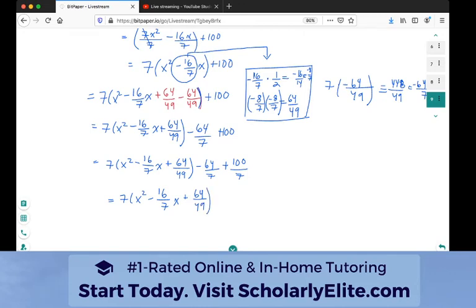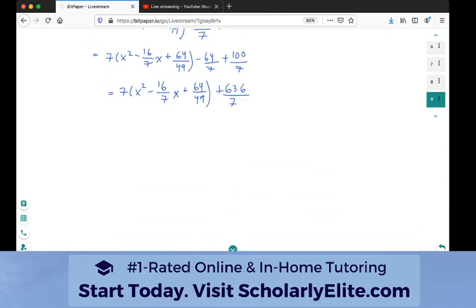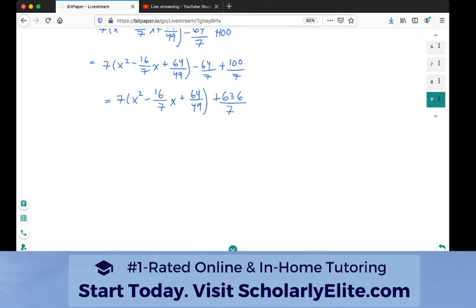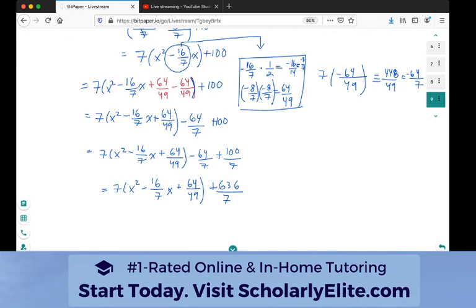So then here we've got plus 636 over 7. And we'll keep on moving up. So now we want to make this a perfect square. And the way that we do that, if you recall from our other examples, is that we take this number.